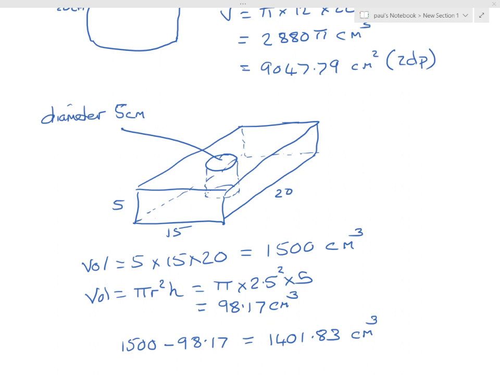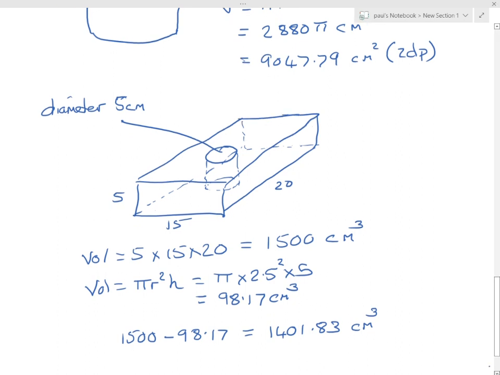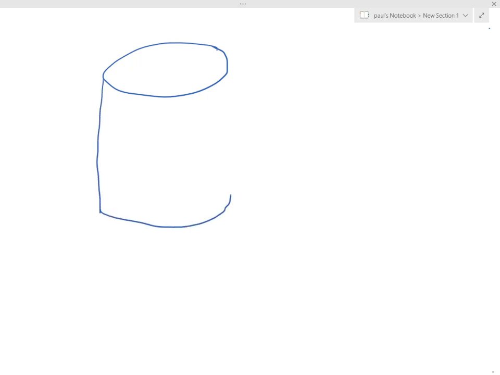Now, more on cylinders. So we have a cylinder like this, and in the cylinder we have, let's go on to the back, in the cylinder we have made a hole of another cylinder.